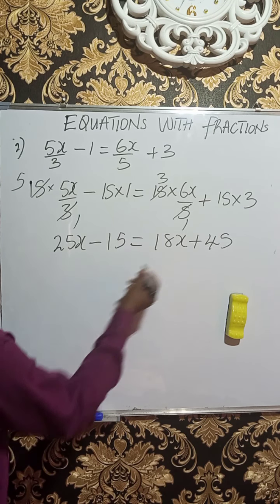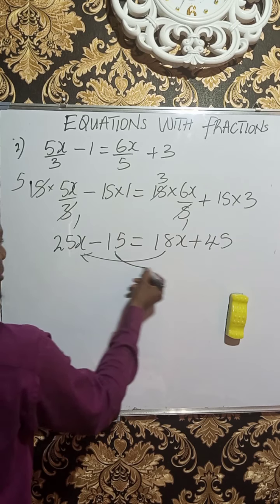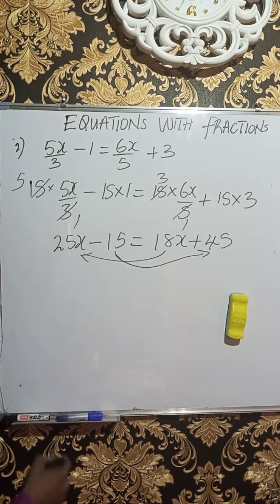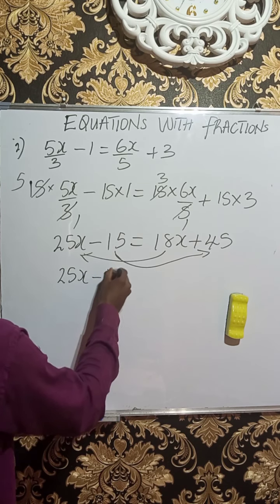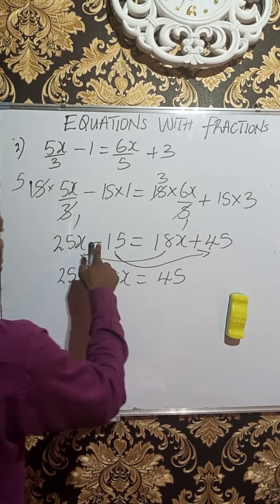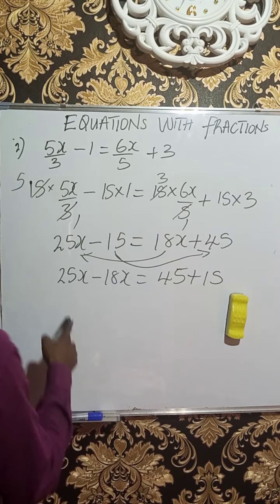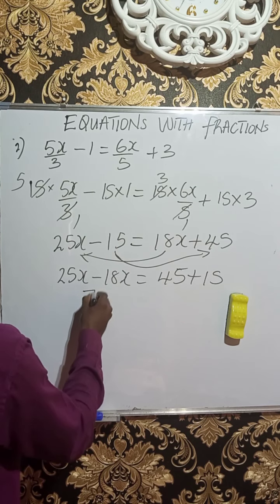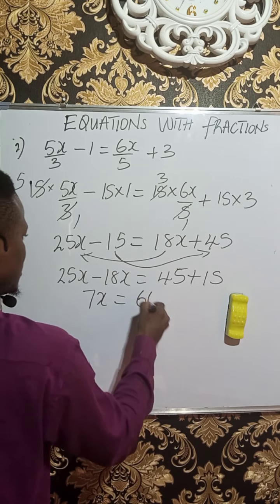So we collect like terms. This will come here to meet 25x. 15 will go here to meet 45. So we shall have 25x minus 18x equals 45 here, minus 15 crossing over will be plus 15. So that 25x minus 18x will give us 7x equals 45 plus 15 is 60.